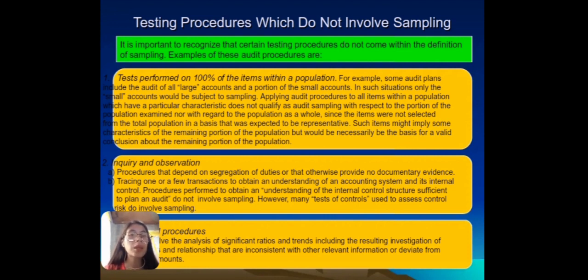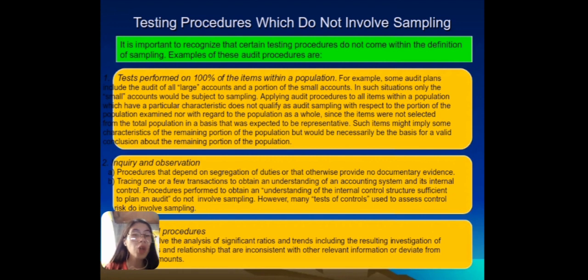Applying audit procedures to all items within a population which have a particular characteristic does not qualify as audit sampling with respect to that portion of the population, nor with regard to the population as a whole, since the items were not selected on a basis that was expected to be representative.